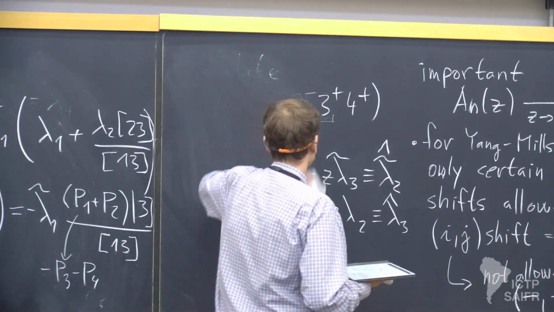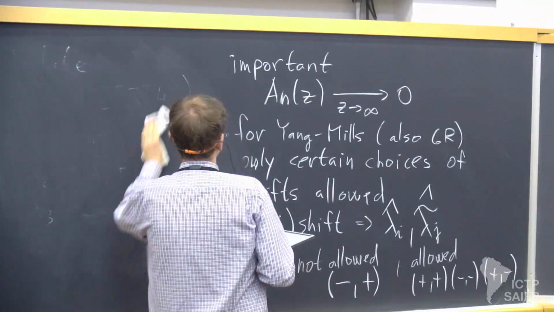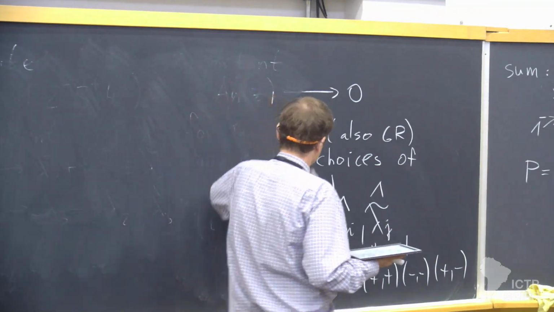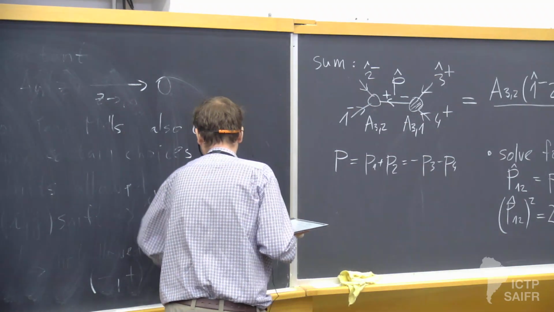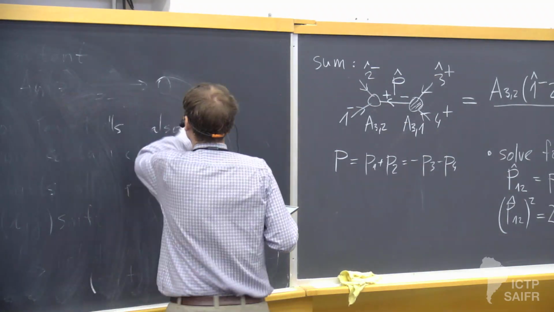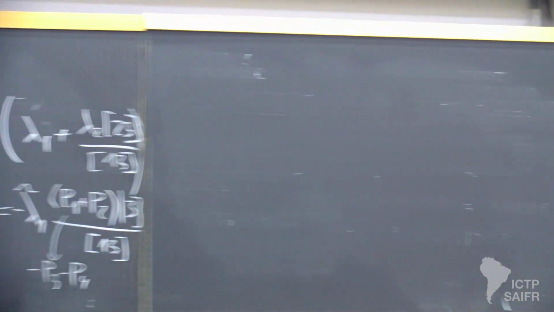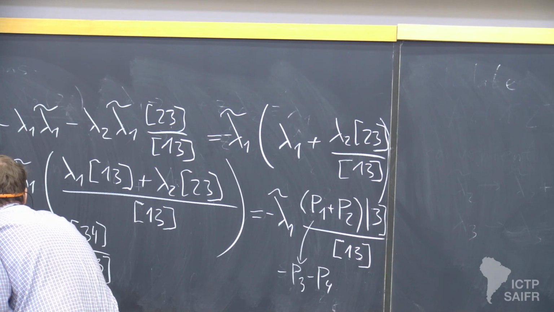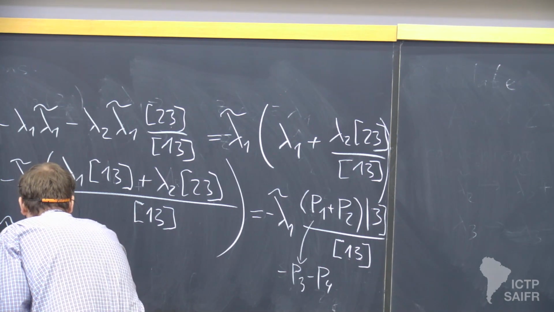It doesn't matter how, and the result has to be the same. All right, so we make some choice. Let's say that this factor belongs to lambda. So we call this lambda p tilde hat, and we call this lambda p hat.